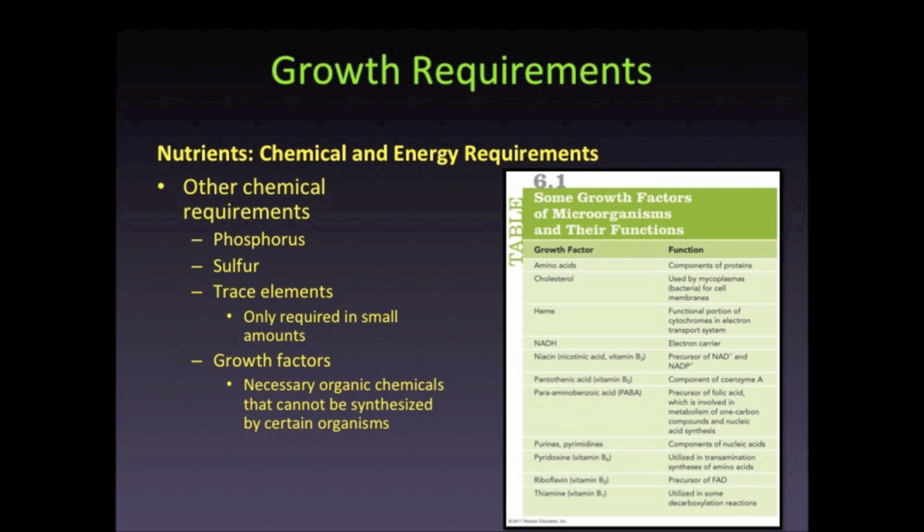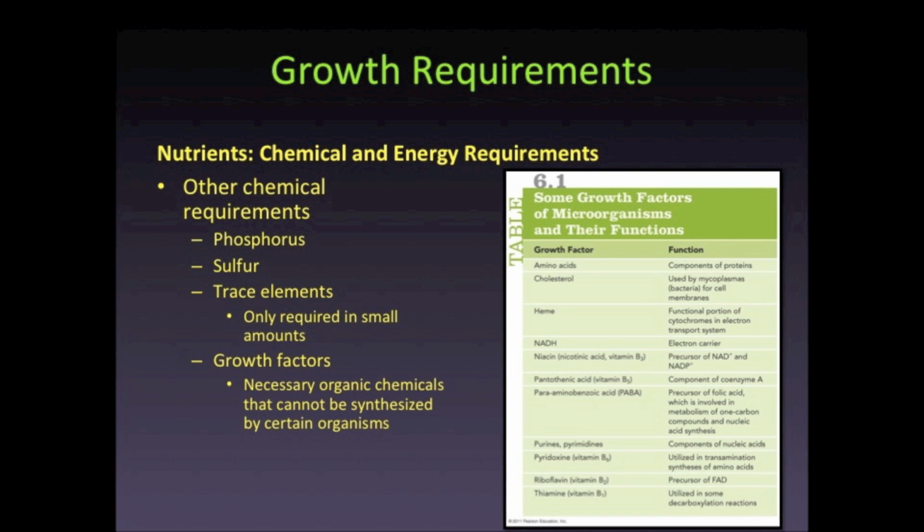Some organisms are capable of synthesizing all the organic molecules needed for their cellular structures and metabolism from inorganic nutrients. Such organisms are lithotrophic photoautotrophs. Most organisms, however, must acquire small amounts of organic molecules that they themselves cannot synthesize. These molecules are referred to as growth factors.